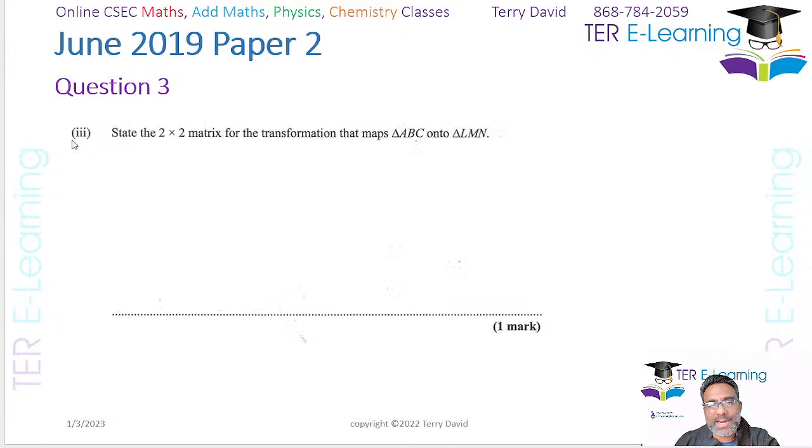Now, this part here is only 1 mark. So if you forget what the matrix is, that's okay, right? They want a single 2 by 2 matrix to represent that transformation. Now this here, we already said it's a rotation of 180 degrees about the origin.